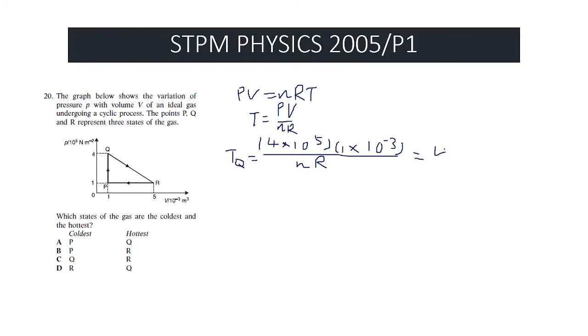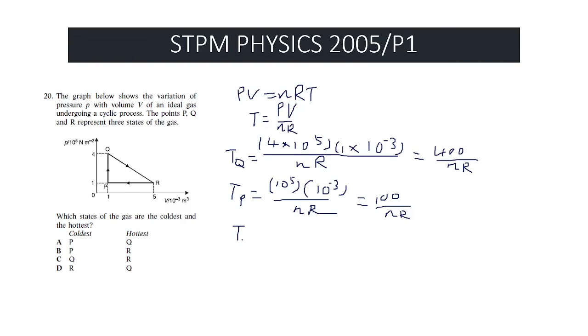So this is 400 per nR. And now we calculate the temperature at P, and this is 1, so 10 to the power of 5 and 10 to the negative 3 and R. So this one we will get 100 per nR.